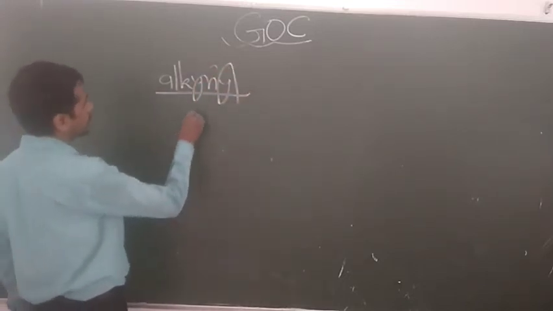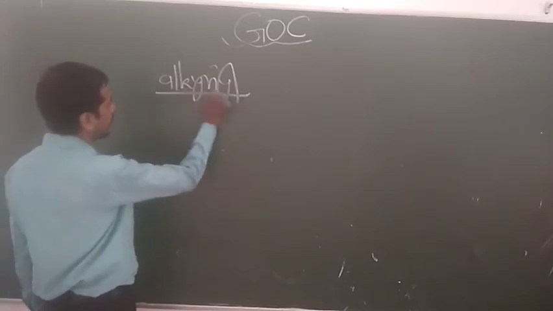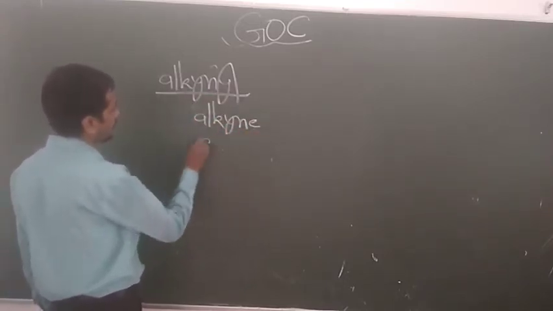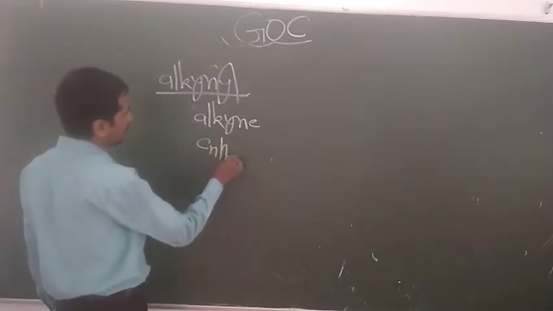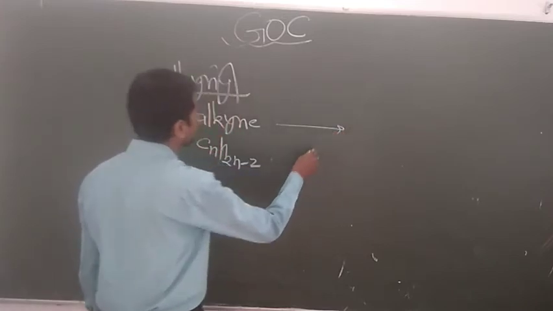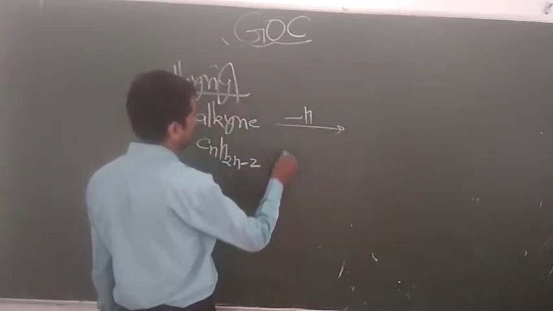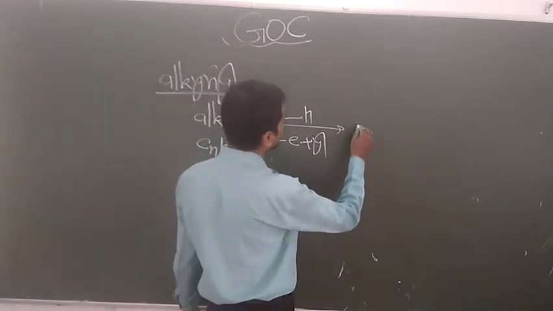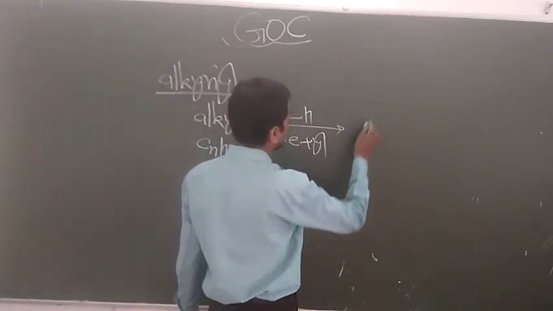So now look here, the general formula of alkyne. Alkyne has the general formula CnH2n minus 2. Here again one H is removed, 'e' is removed and 'yl' is added to generate the group from alkyne.